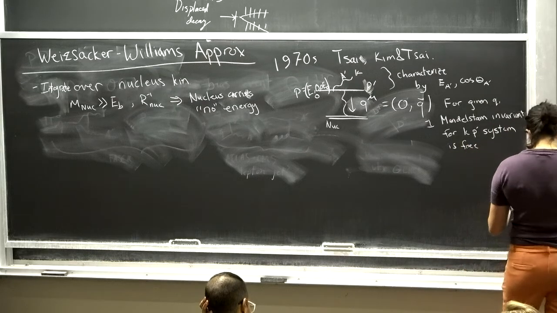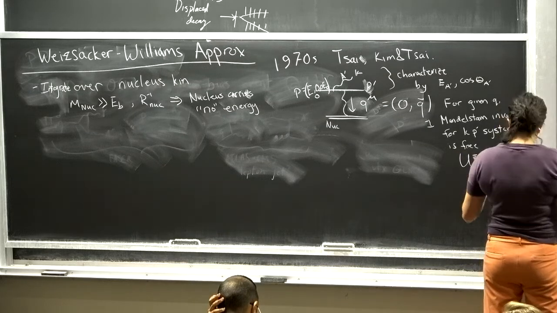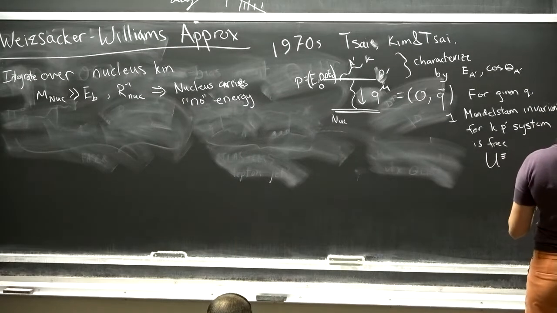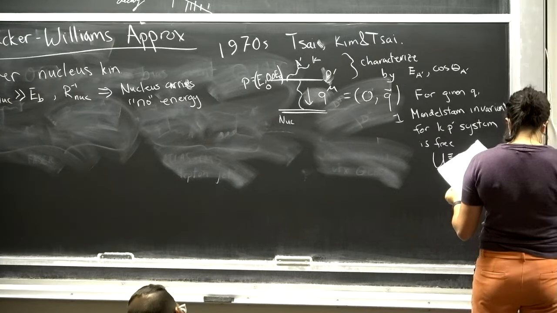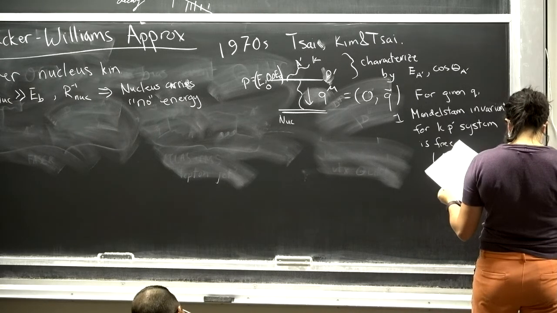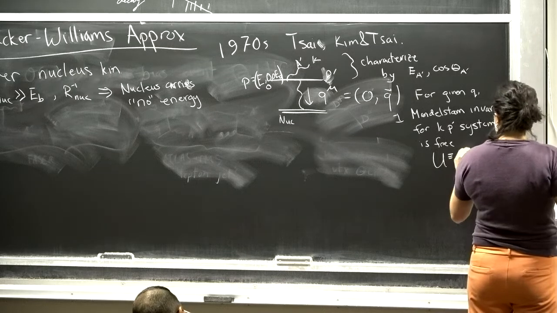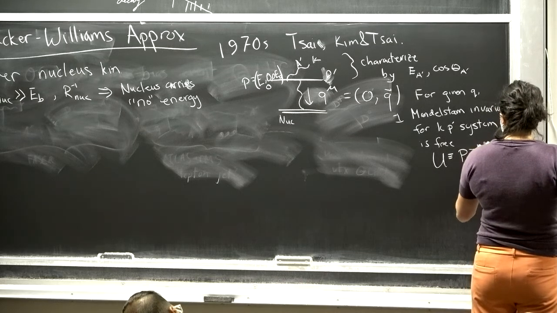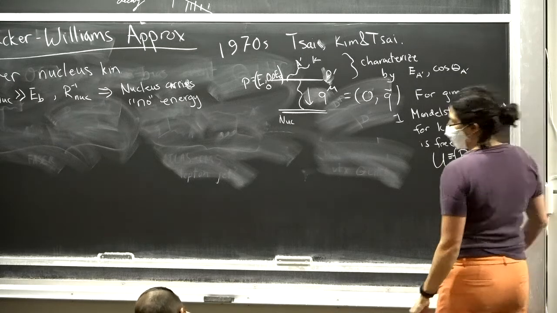And actually, people tend to use U, which is P minus K squared. Actually, I tend to use minus that.